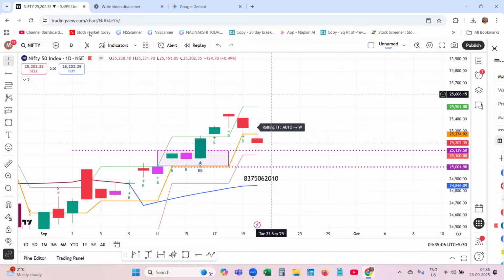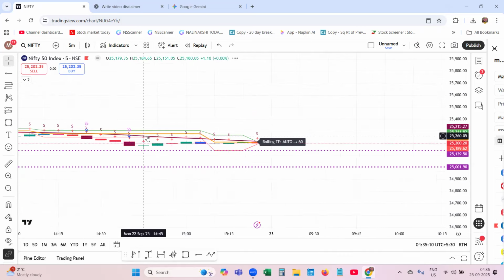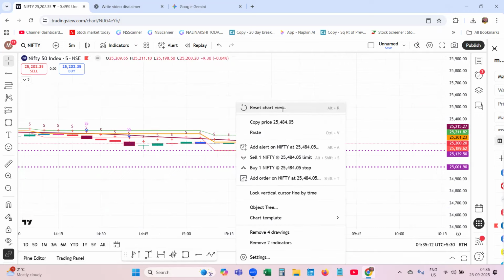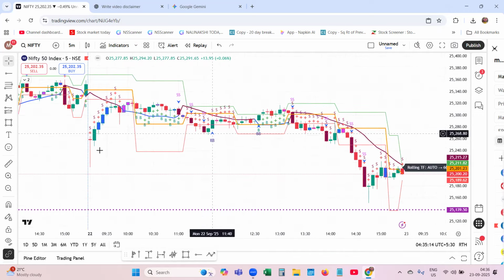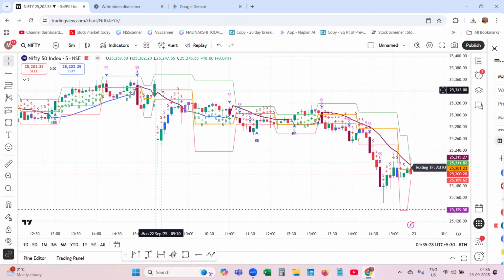The reason I have explained it to you on the intraday, let me go to the 5 minutes chart. Here, even though it was a gap down, the indicator is telling you it is a sell. It is not a buy because it was below the hourly pivot.